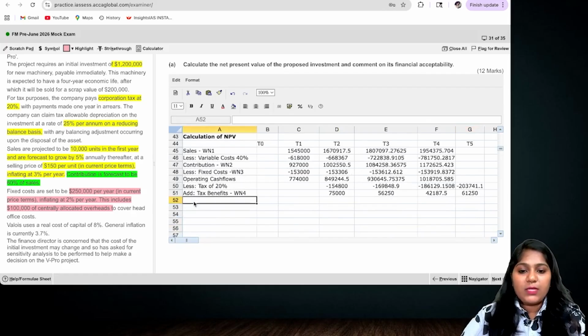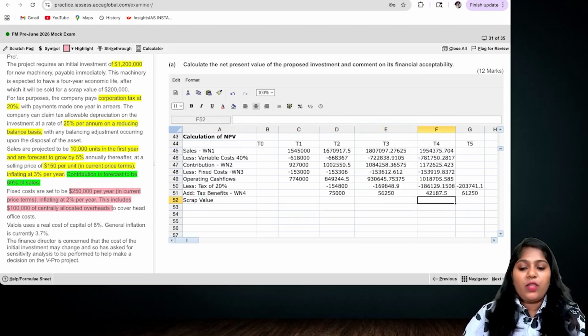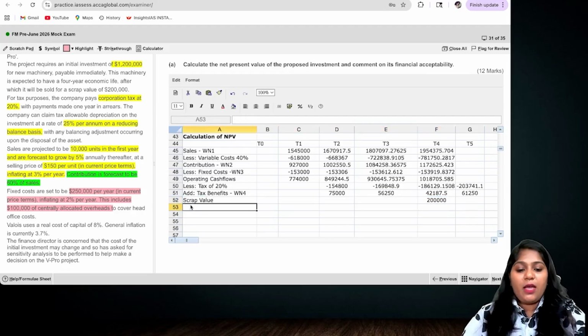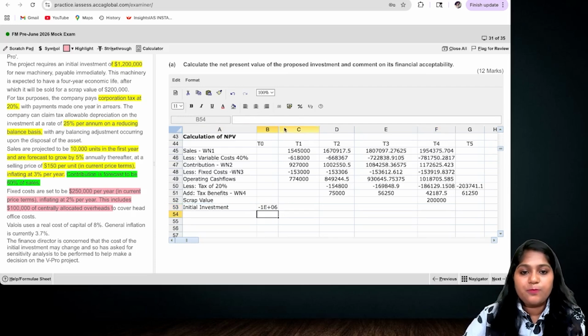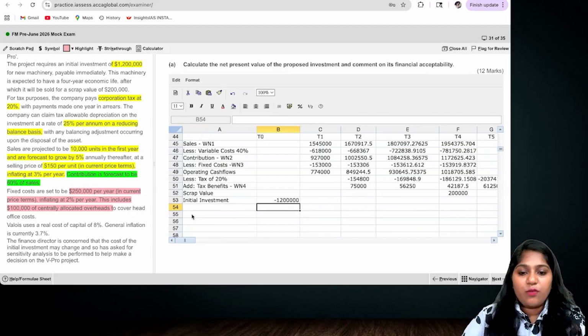So now if you consider all of this, I have one more thing, scrap value that is given, which is at the end of T4 that I will get $200,000 as a positive cash flow. And after all, I will have to consider the initial investment that we make, which is minus $1,200,000.